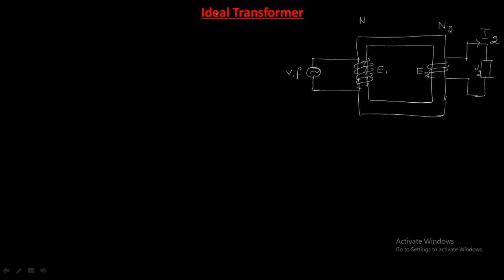If we are looking at the ideal transformer, it does not have any losses, it is ideal. So the ideal transformer characteristics are: first, we have windings, and the resistance of the windings is 0.